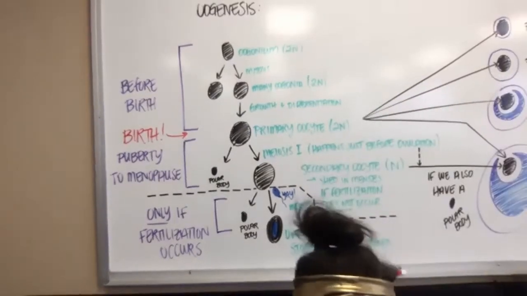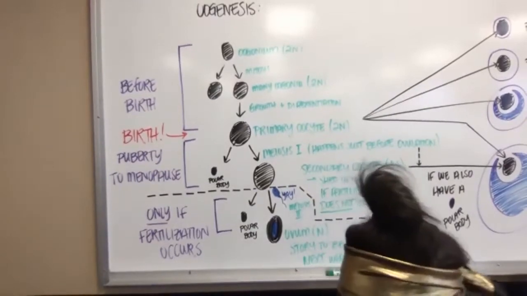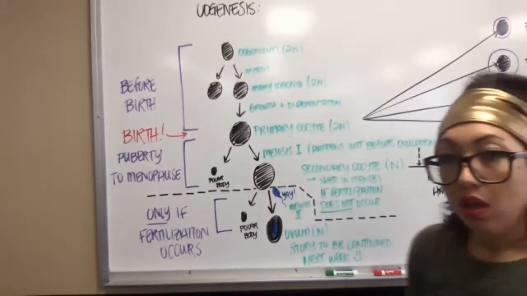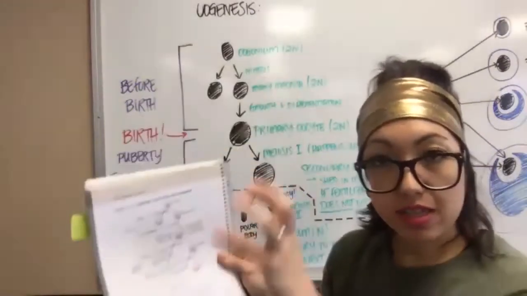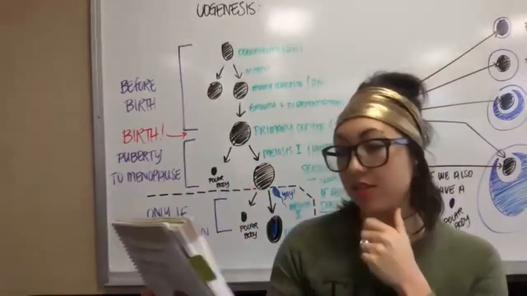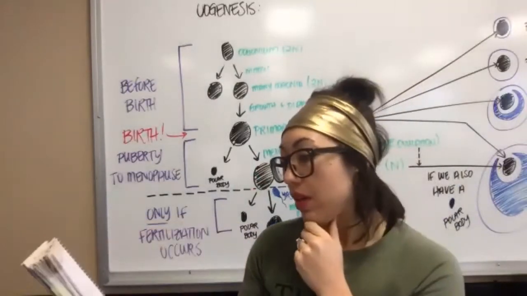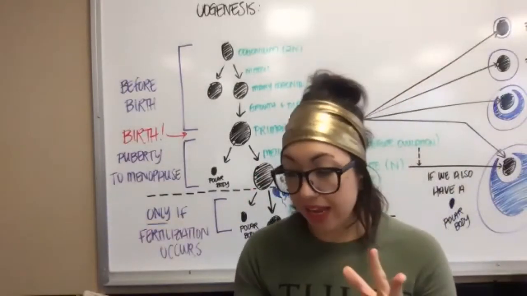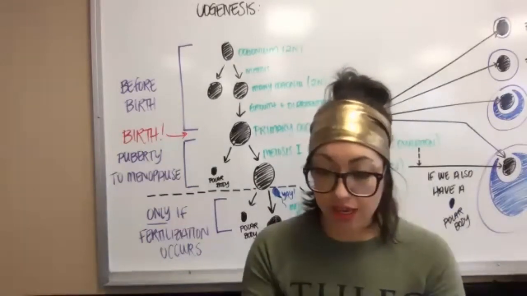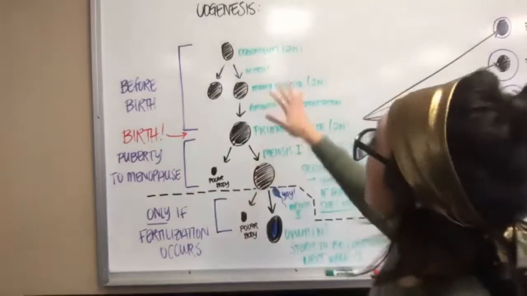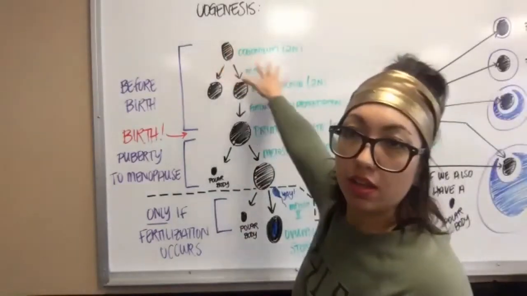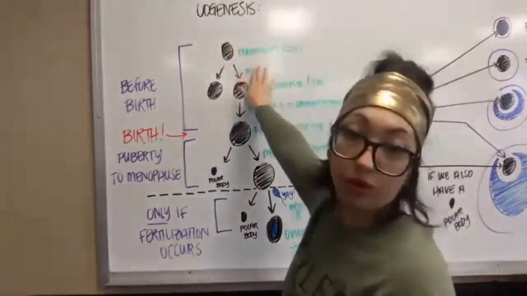Here are my questions. Okay, how about we go over some of these questions just to see how we understand this. Number one, the blank are found originally on the outer surface of the ovary. So what are found on the outer surface of the ovary? The oogonia.